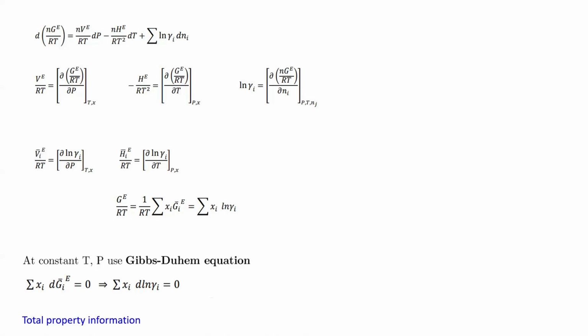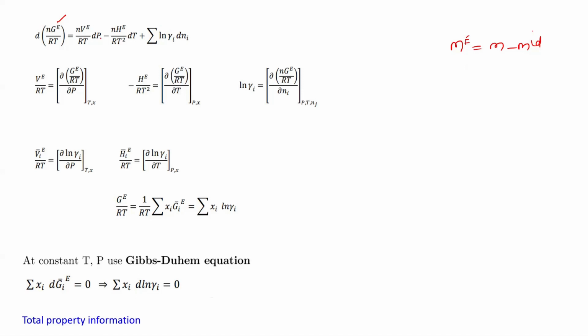So that is what is expressed here. Now, for the excess property, it's just a difference, right? Like ME is equal to M minus MID. So the same thing can be followed here also.